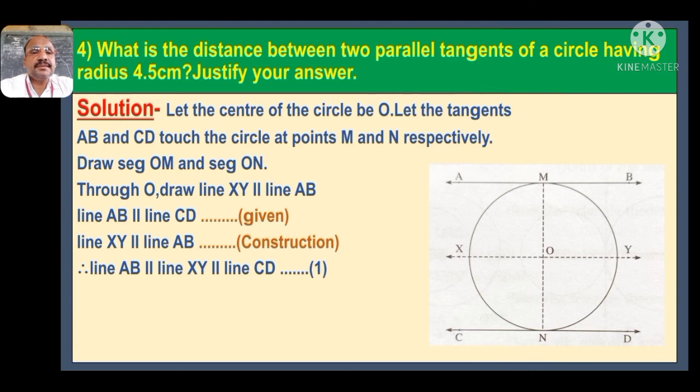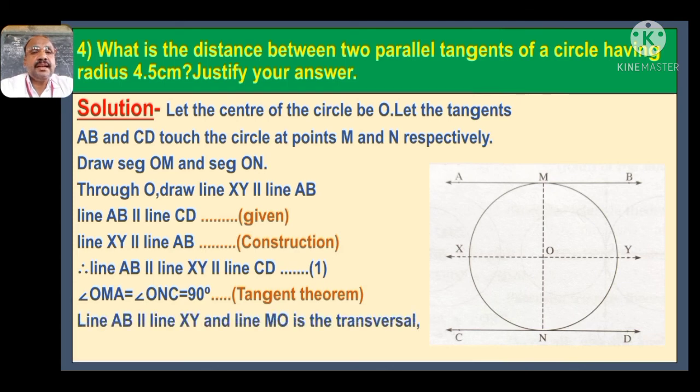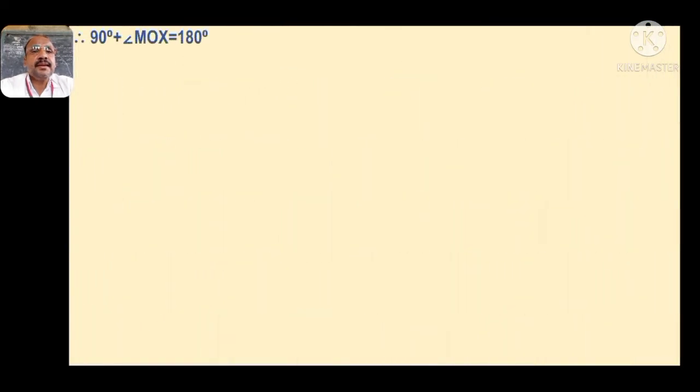Equation number first. Angle OMA is equal to angle ONC, which is equal to 90 degrees according to the tangent theorem. Line AB is parallel to line XY and line MO is the transversal. Angle AMO plus angle MOX is equal to 180 degrees, by the interior angle theorem. Therefore, 90 degrees plus angle MOX is equal to 180 degrees.